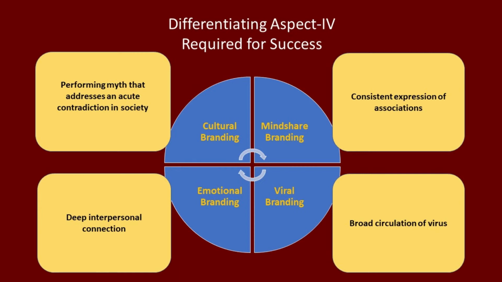When the marketing activities are based on the mindshare branding model, a consistent expression of association is the key. Whereas when the marketing activities are based on the emotional branding model, deep interpersonal connection with consumers is needed for success. And finally, broad circulation of the virus is the key element when marketing activities are based on the viral branding model.